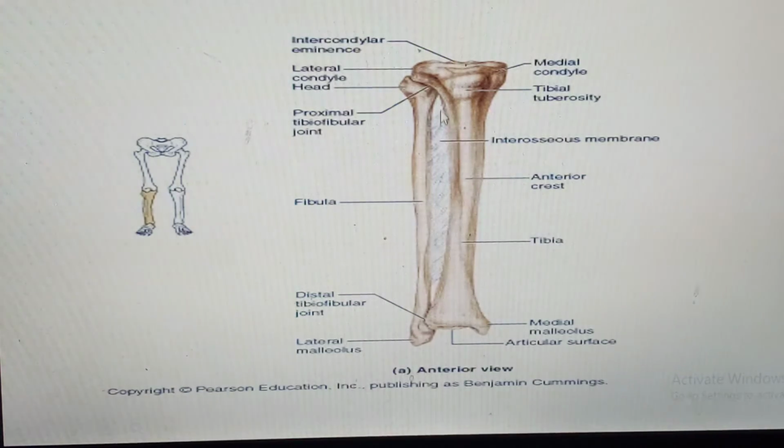The anterior tibial vessels, which are going to supply the muscles in the anterior compartment of the leg, emerge from the popliteal fossa to the anterior aspect and run in the anterior aspect of this interosseous membrane. Sorry, anterior tibial vessels, actually the artery and the vein, not the nerve.